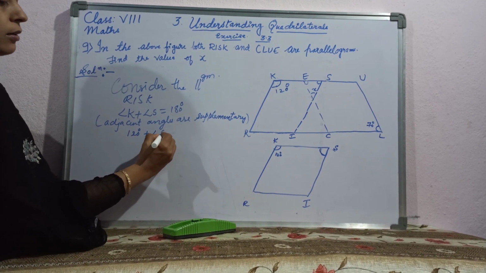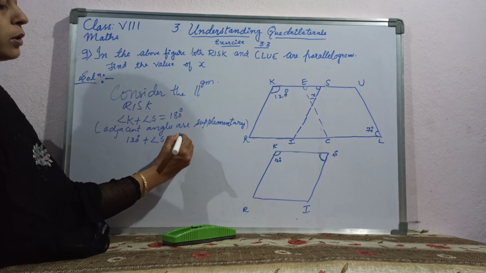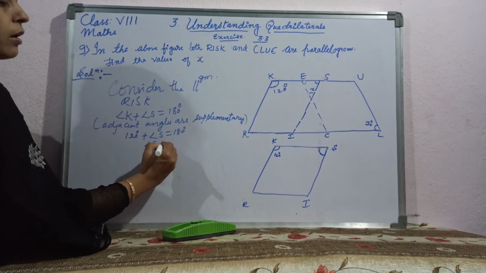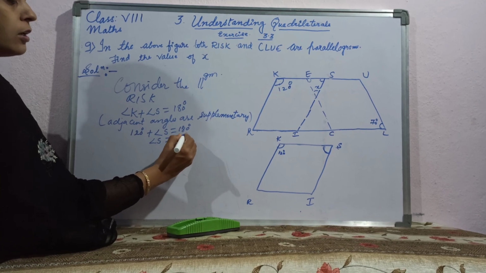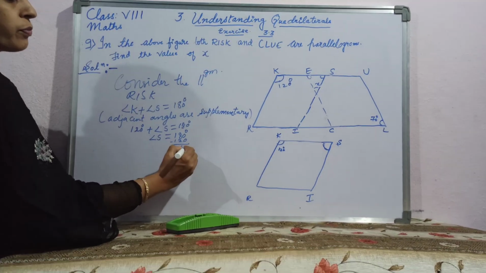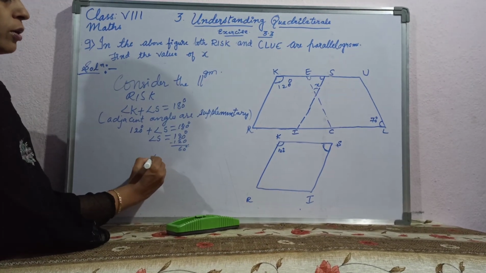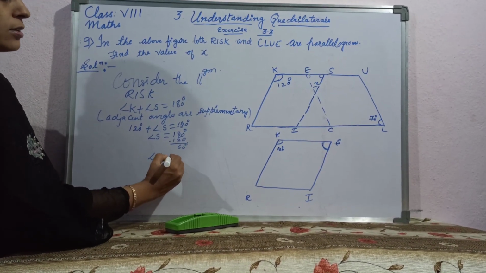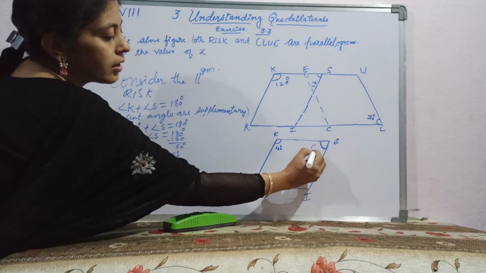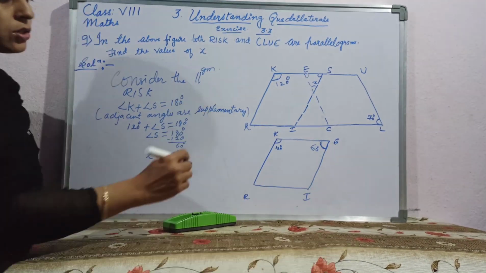We need to find S. So we just transpose: angle S is equal to 180 minus 120, which gives you 60 degrees. So therefore angle S is equal to 60 degrees. So the measure of angle S we found to be 60.